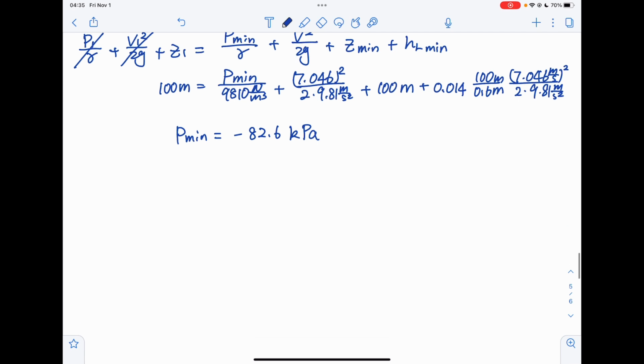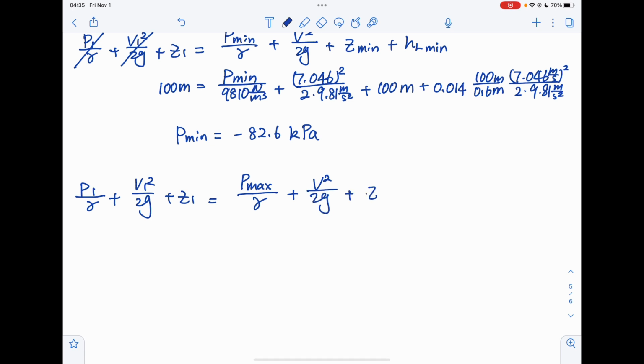So for that case, P1 over gamma plus V1 squared over 2g plus z1 equals P maximum over gamma plus the velocity here, which is also the pipe velocity because it hasn't gone through the nozzle yet, squared over 2g, plus z maximum plus the head loss. So P1 is 0, V1 is 0, z1 is 100 meters.